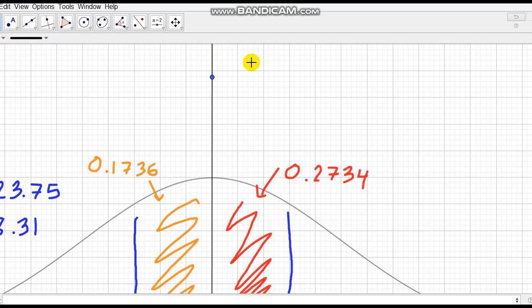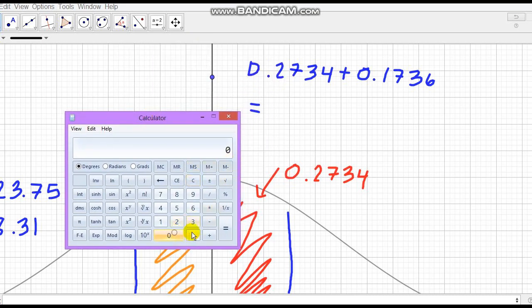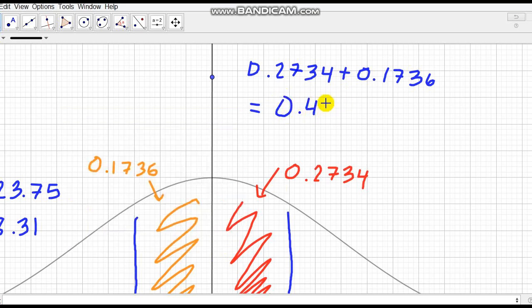So therefore 0.2734 plus 0.1736 is equal to 0.447.